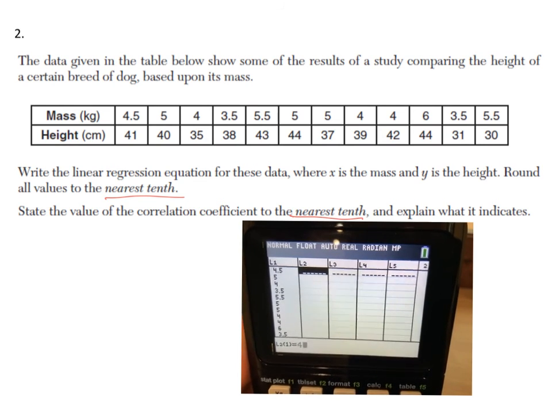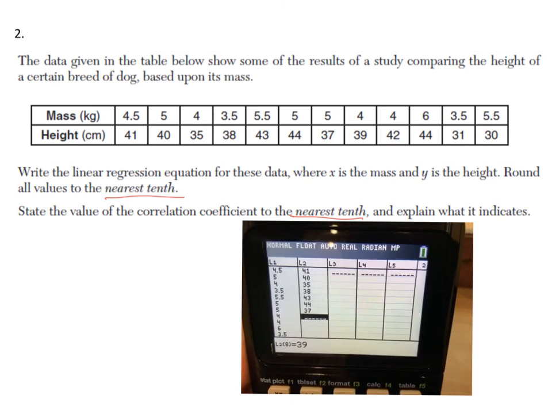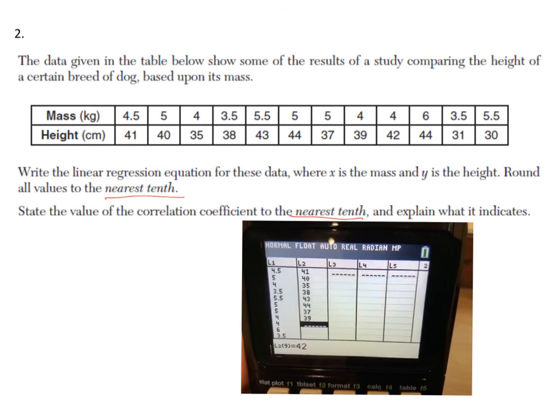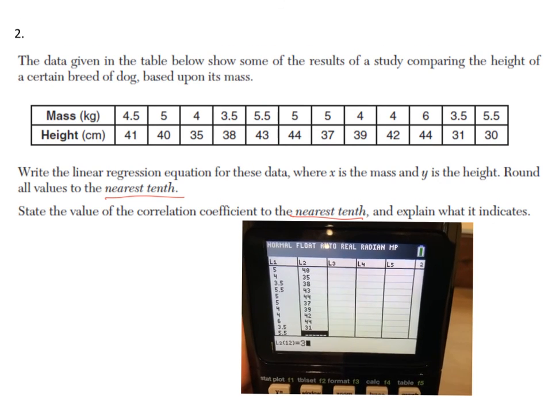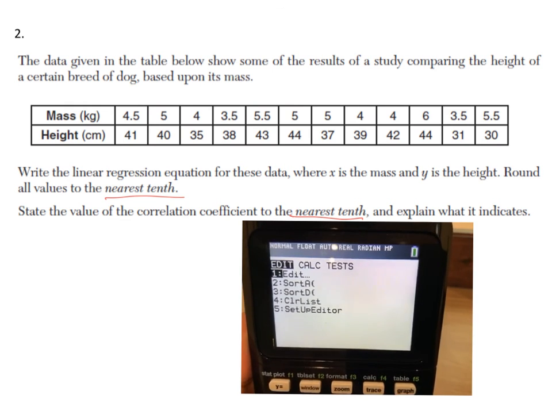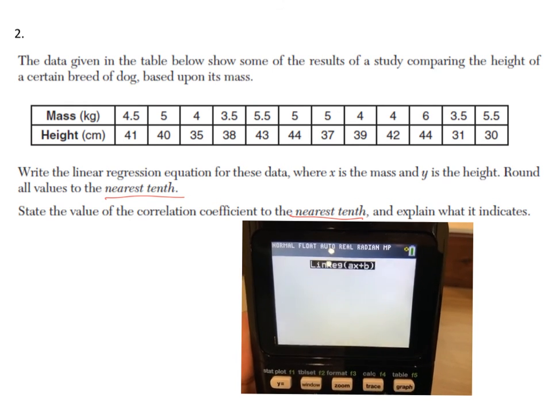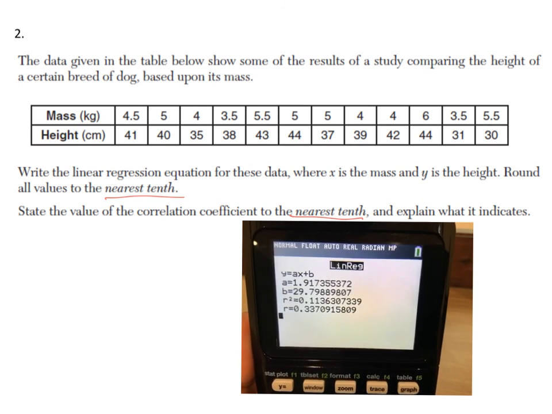And then let's plug in over here 41, 40, 35, 38, 43, 44, 37, 39, 42, 44, 31, 30. So we got all these values. And then we just go to stat, calculate linear regression, calculate, and we get all our values.